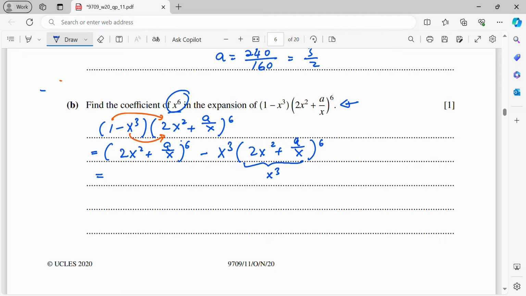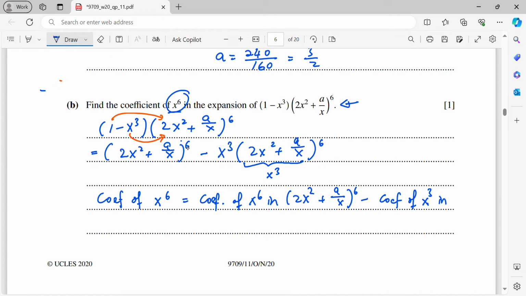So which means to find the coefficient for x degree 6, I will say the coefficient of x degree 6 equals to the coefficient of x degree 6 in the first expansion minus the coefficient of x degree 3 in the same expansion. Because you are given the x degree 3 here.